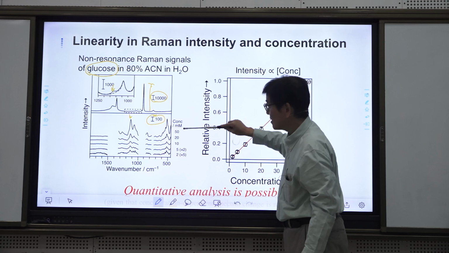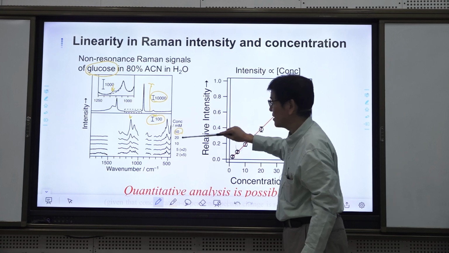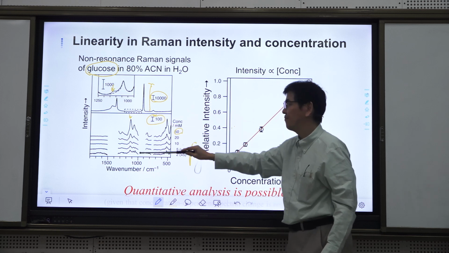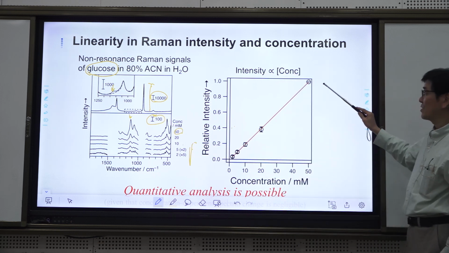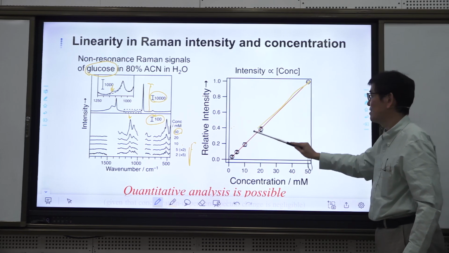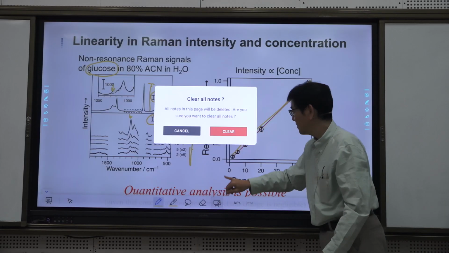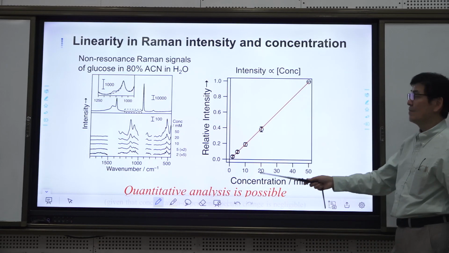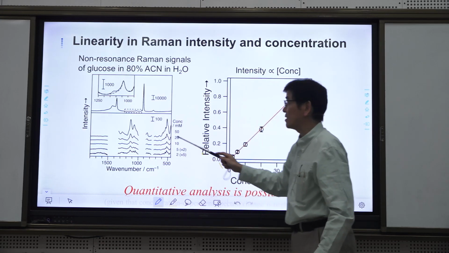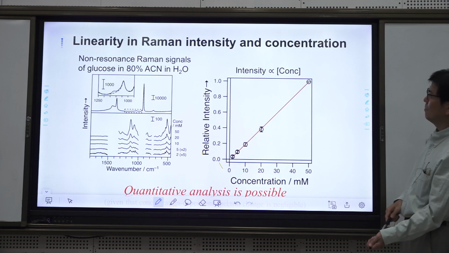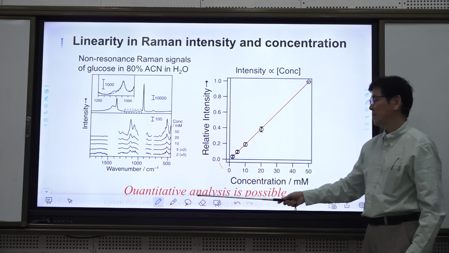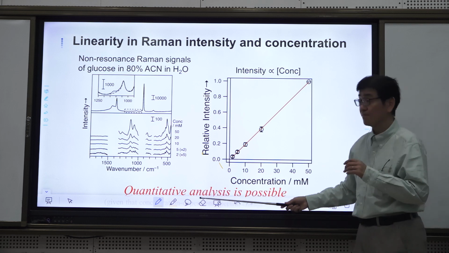And I changed the concentration from 50, 20, 10, 5, 2, and the intensity gradually decreases. Then intensity is plotted against concentration, and there is a linear relationship. Okay? So it means that intensity indicates the concentration of glucose in this case. So in this sense, the quantitative analysis of the solute molecule is possible.